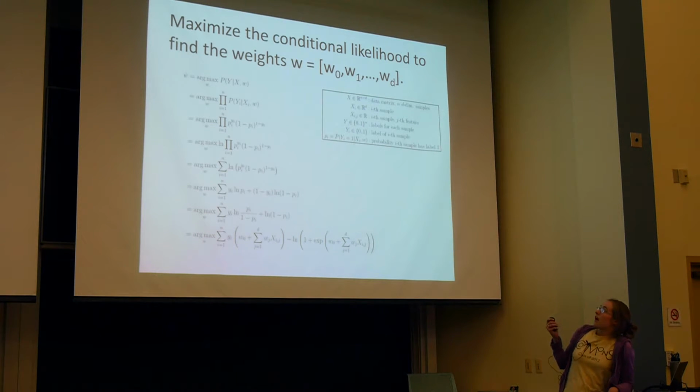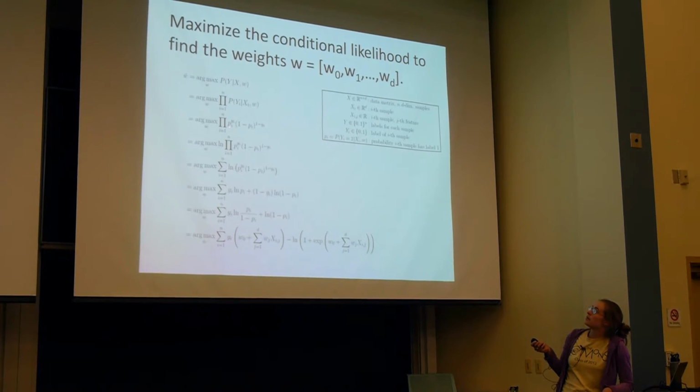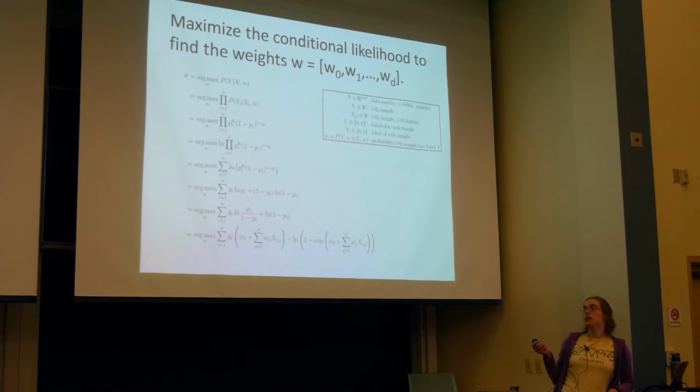Since our output is a 0 or a 1, we'll say it's a Bernoulli with some probability pi that the ith sample is labeled 1. So the probability that yi is 1 given xi is going to be the following. Say the ith sample is 1.